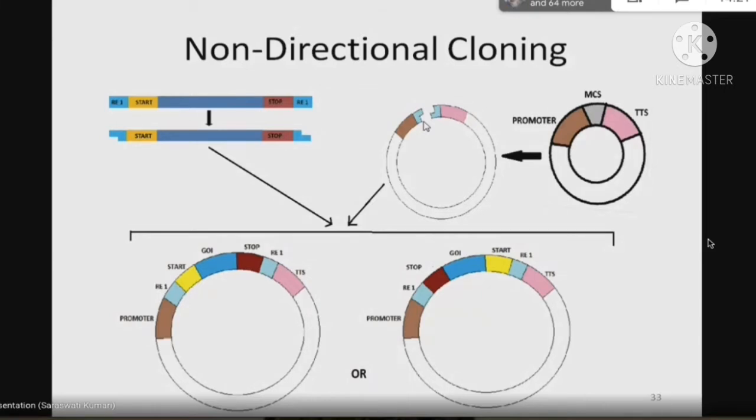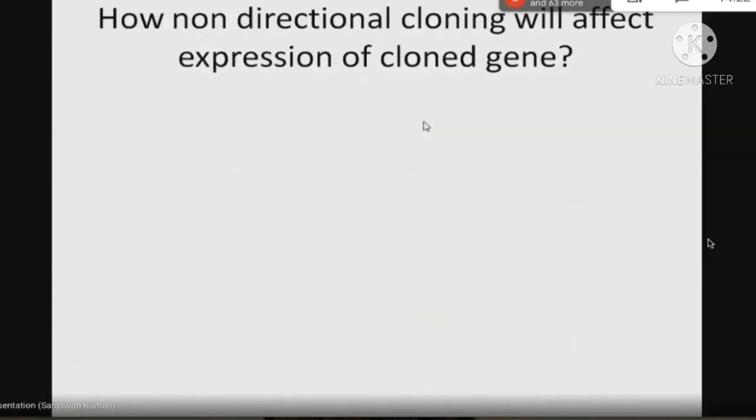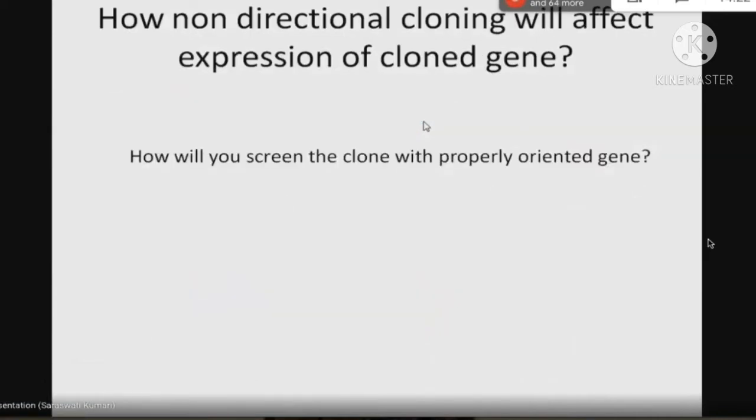Okay, sir. Got it. Thank you. Done? Now are you able to see? Yes, sir. Good. Next time, if you are facing that problem, search the people and pin the presentation. Fine. Question. You have noted this question. Bhumika, mute your mic.